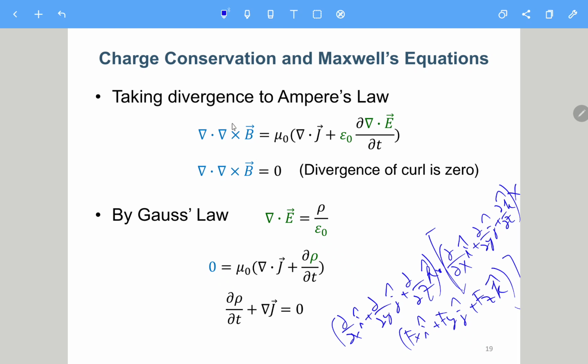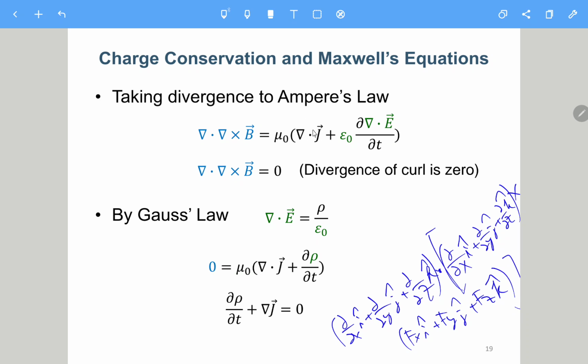And of course, you can try to take the divergence of Ampere's law. Without this one, if you still remember, this is Ampere's law in differential form. So now we take the divergence on both sides. We have the divergence of curl of B here, and mu zero is a constant.